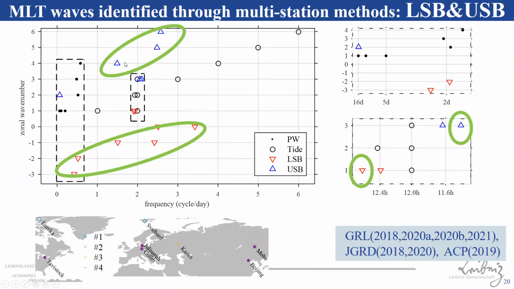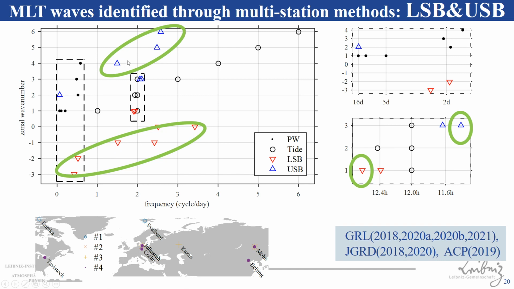Using similar methods and similar radar configurations, we have identified the zonal wave numbers for a variety of waves, as sketched here in this frequency and zonal wave number plane. In this plot, the open small circles denote tides, the solid points denote planetary waves, and the open triangles denote secondary waves from the wave-wave interactions.